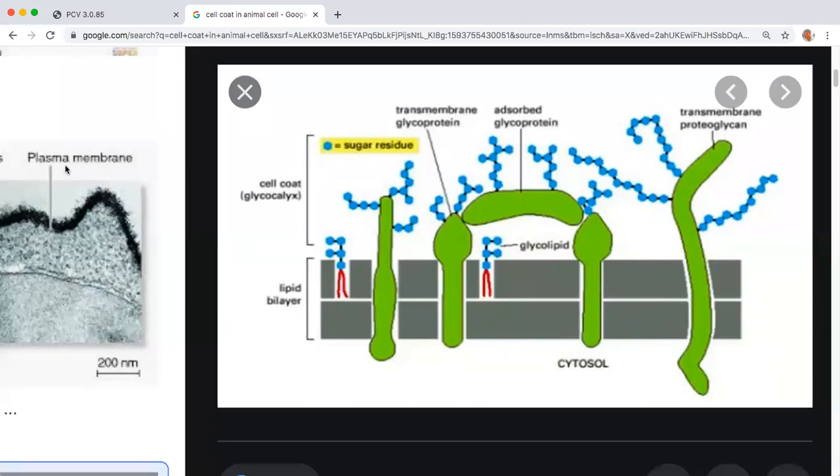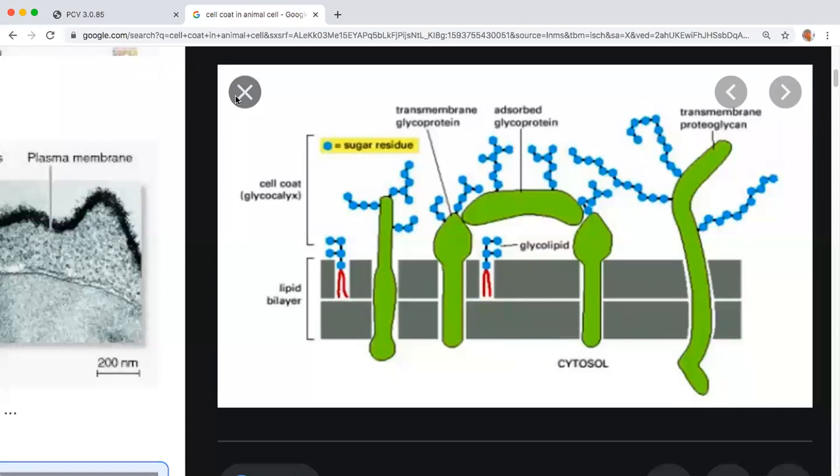Maybe we can call this the glycocalyx of animal cells. So in animal cells, you have this extra coat, which we call the cell coat. The green structure that you're seeing here is the transmembrane protein, the integral membrane proteins.